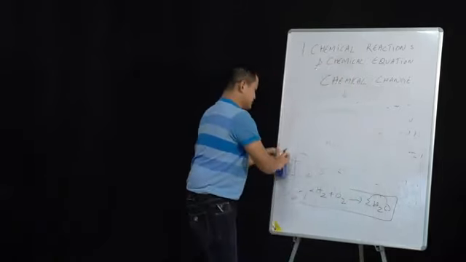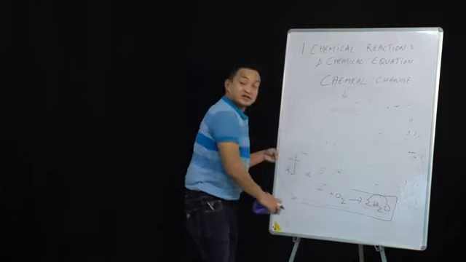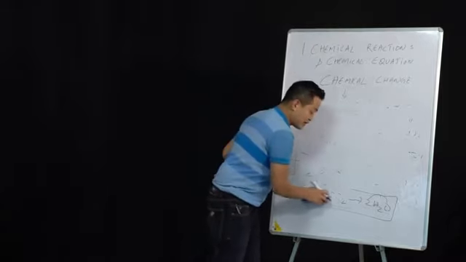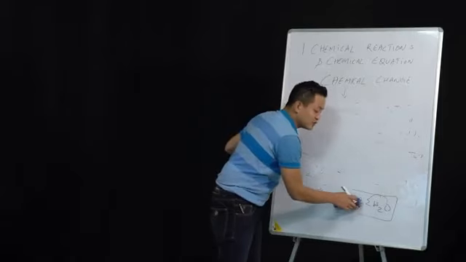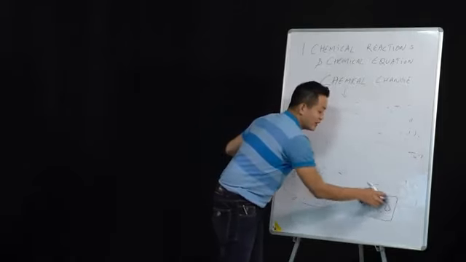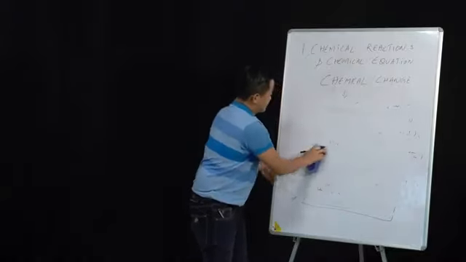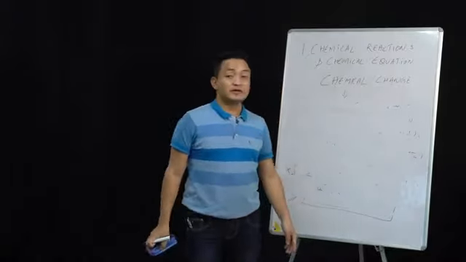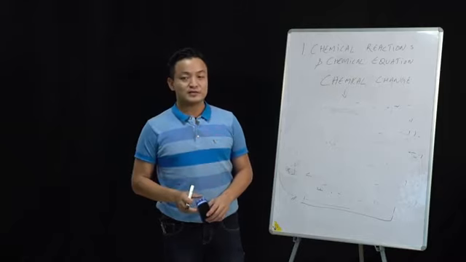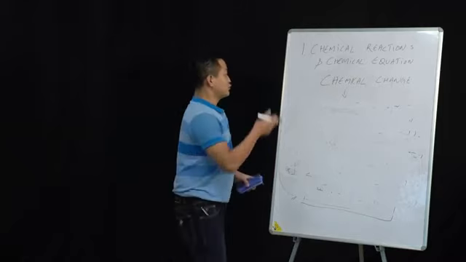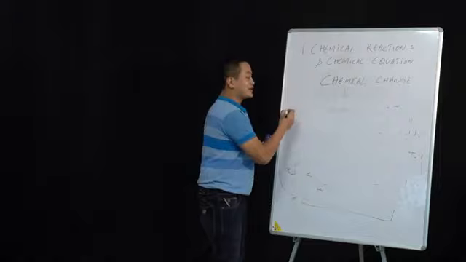So this is a very important question, and I want all of you to note it down. I'm sure you are all ready with your paper and pen. Question: why do you have to balance a chemical equation? I will not write the question, I'll just write the answer.